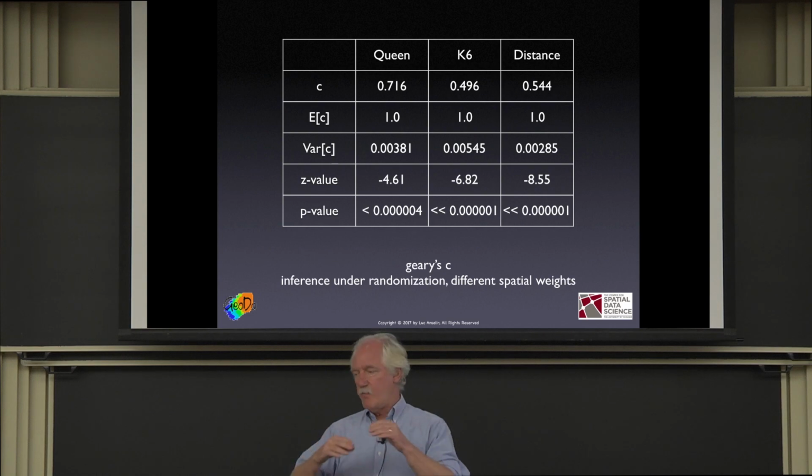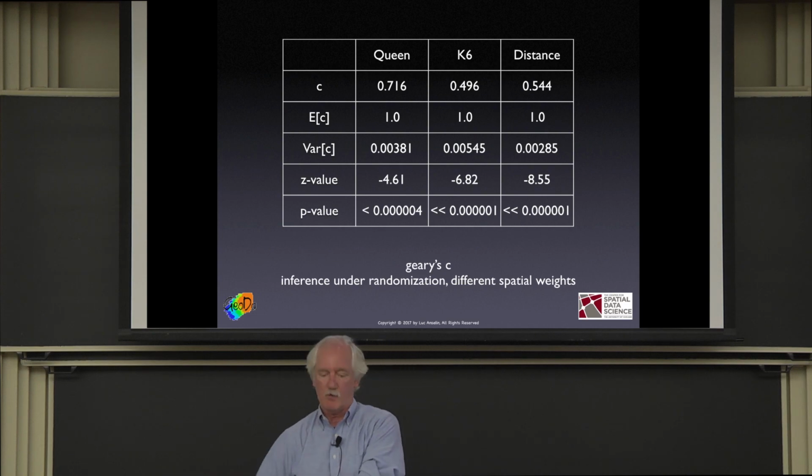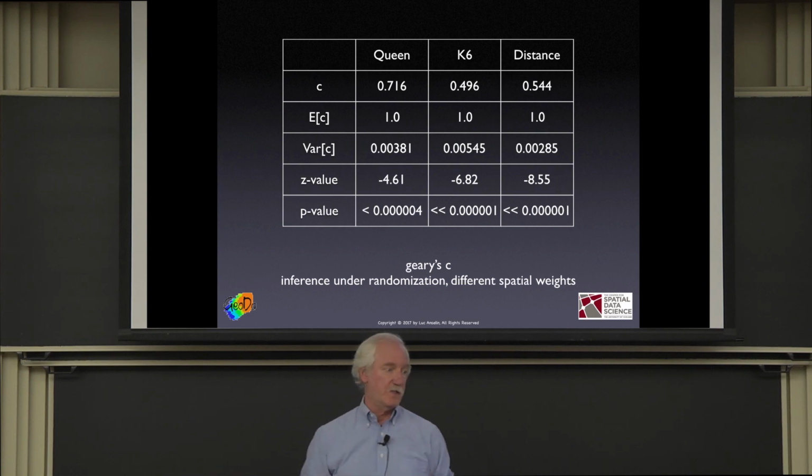But then by the time we get to the Z value, the most negative, meaning the strongest positive spatial autocorrelation, is for the distance band weights, which is exactly what we found for Moran's I.